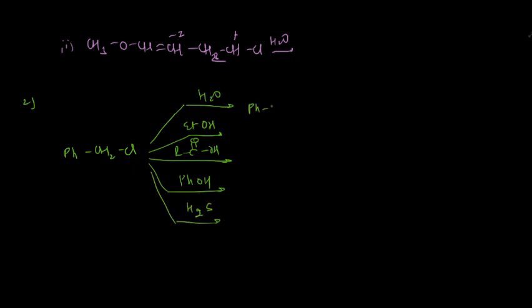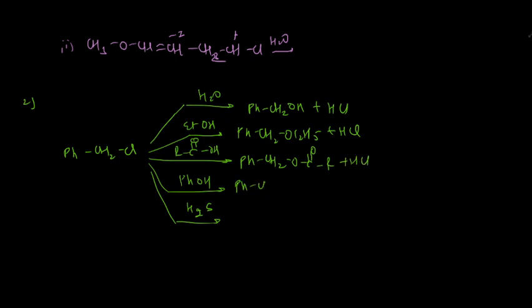So it forms PhCH2OH plus HCl, PhCH2OC2H5. We all know what the attacking species is and what the answer is. I'm just writing the answer. You have to solve it on your own. RCOOCH2Ph plus HCl, PhCH2OPh then HCl, PhCH2SH then HCl. So this is the answer.